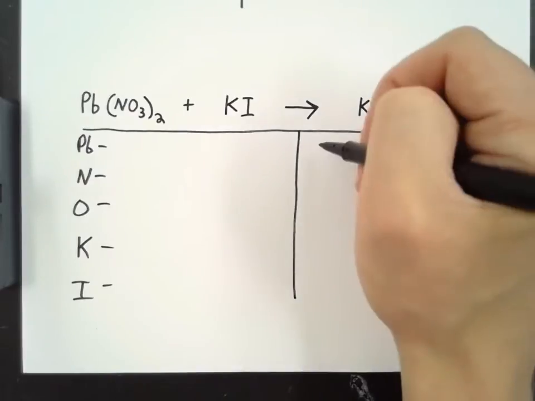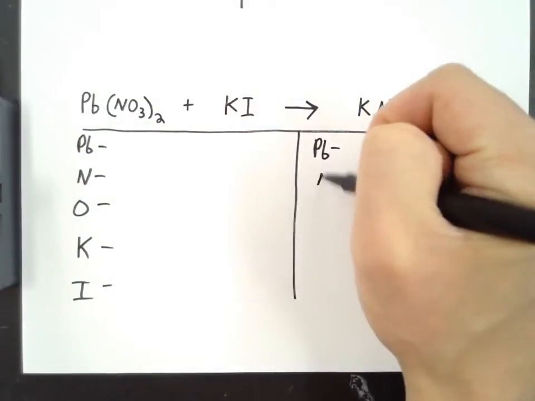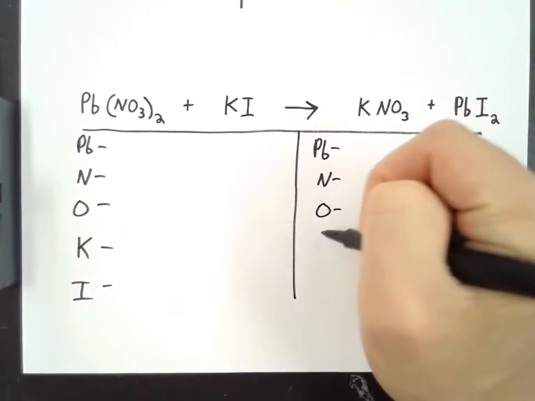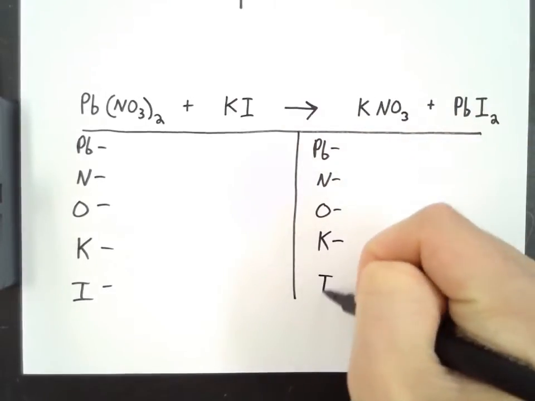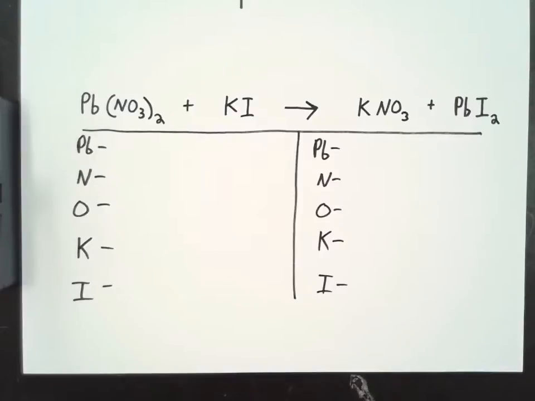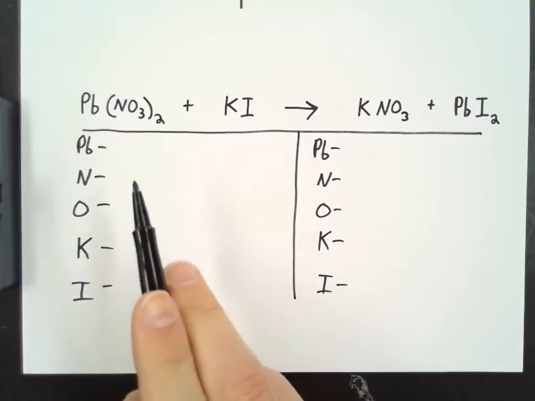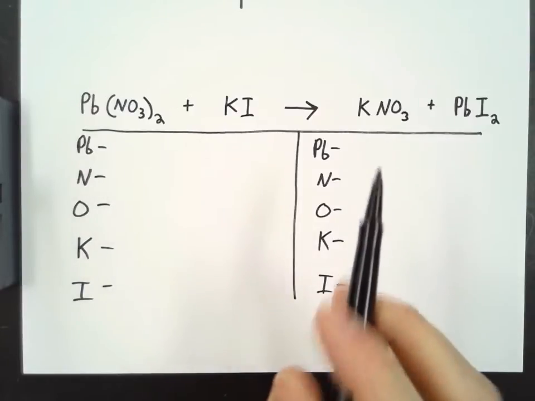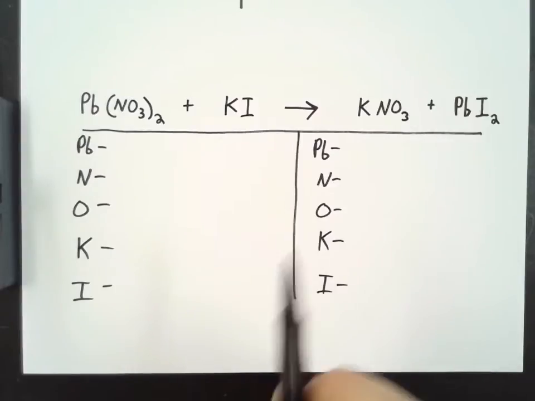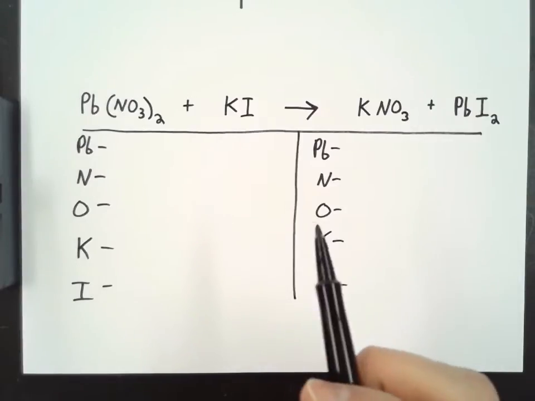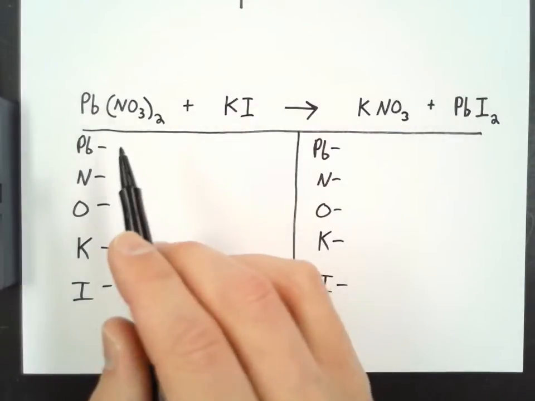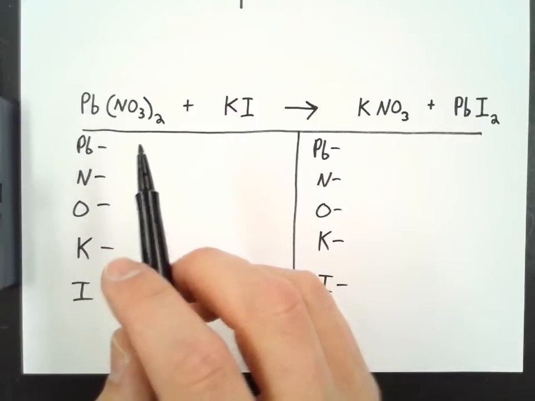On the product side, I should have the exact same types of atoms. So every time you do this, the types of atoms you have on the reactant side are the same types of atoms you have on the product side, because atoms cannot be created or destroyed in ordinary chemical reactions. So now I'm going to take chemical inventory of these atoms, right?